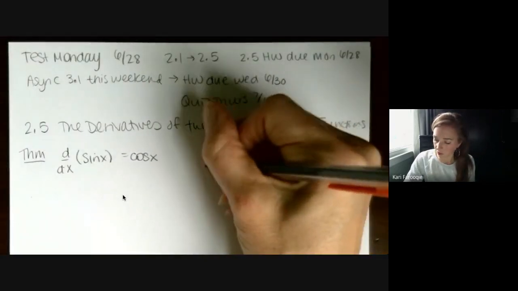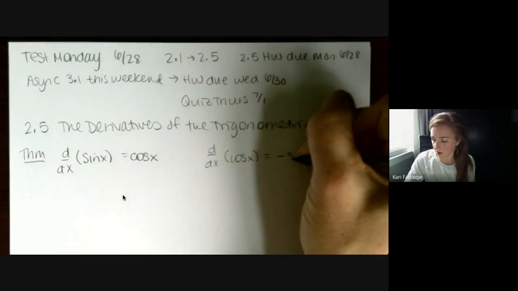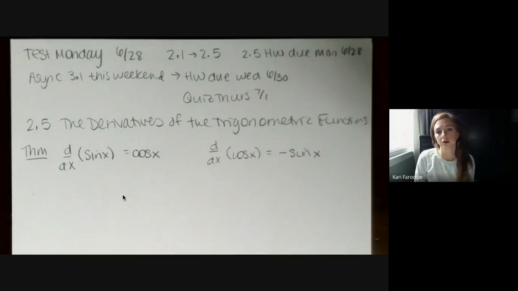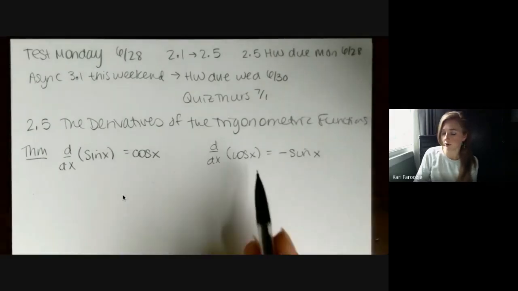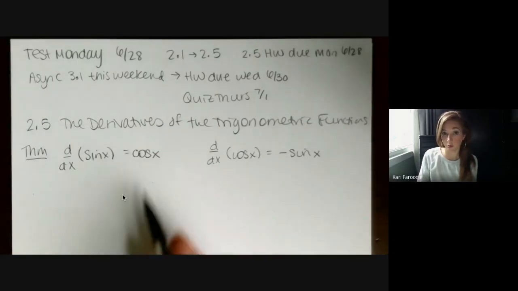The derivative of cosine x with respect to x is negative sine x. The only major thing you're going to have to remember there is which one of those is negative. So the derivative of sine x is cosine x. The derivative of cosine is negative sine. What you're going to find here is there's going to be a pattern where any function that starts with co is going to have a negative derivative. Any function that does not start with co will have a positive derivative.